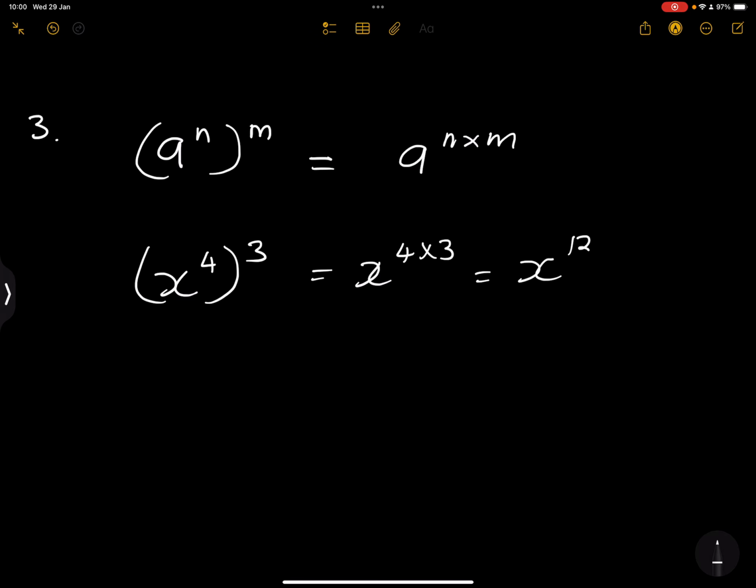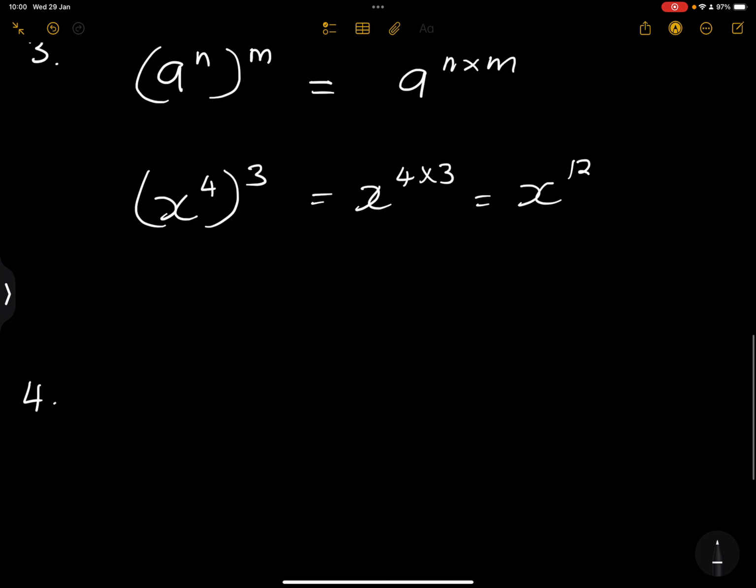Right, so let's go on to the next one. Right, so now, if we've got bases that are different, okay, and that are raised by an exponent each, okay, and we raise those to a certain exponent, let's call it c. Right, so what happens?